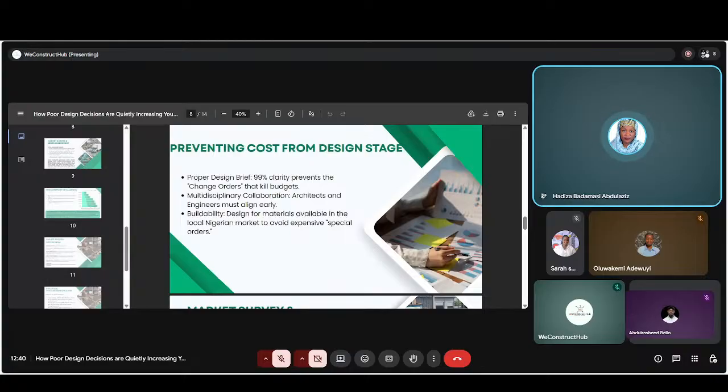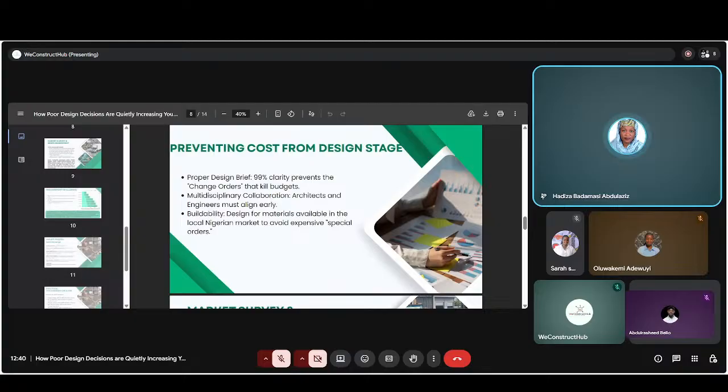So under buildability, design must reflect what is practical and available in the local Nigerian market. Specifying materials that are hard to source leads to delays and expensive alternatives. Designing with locally available materials ensures smoother procurement and cost control.